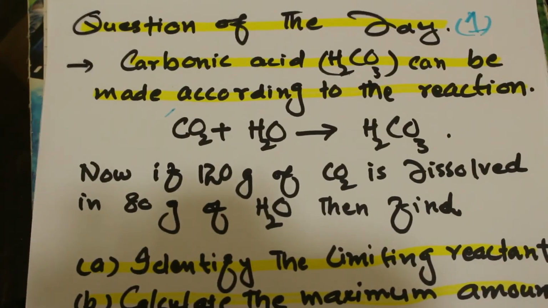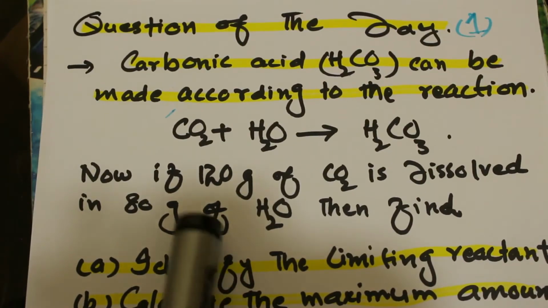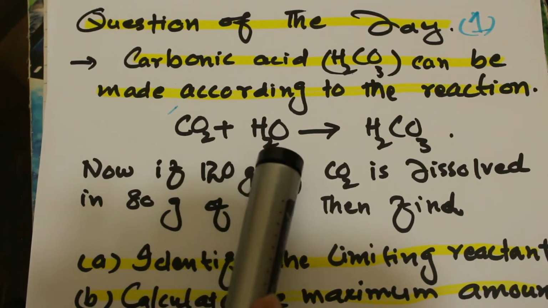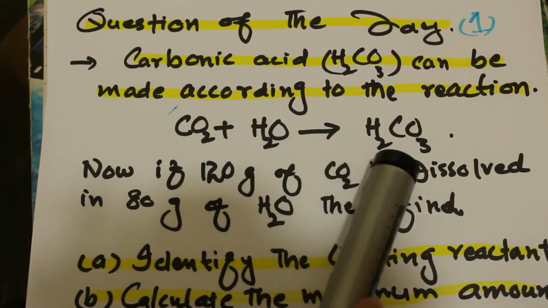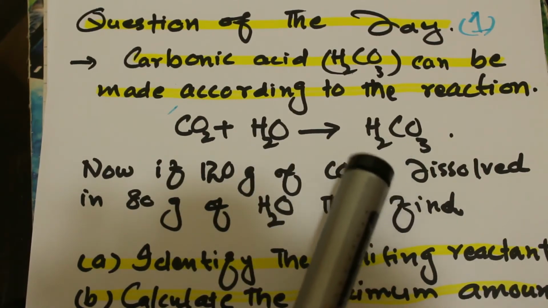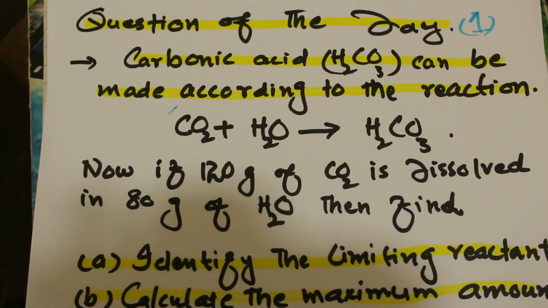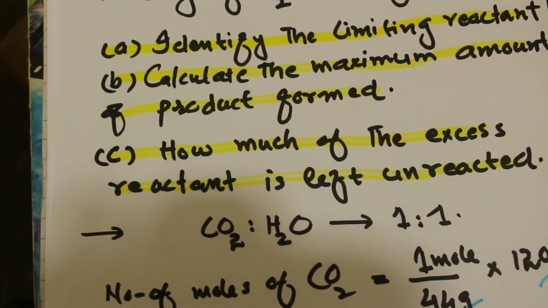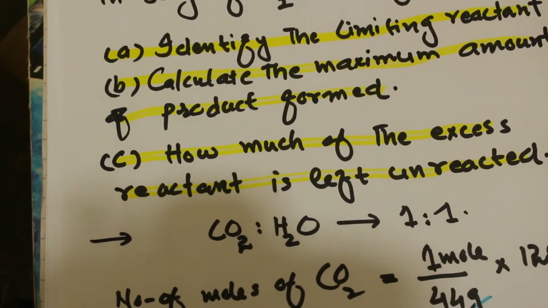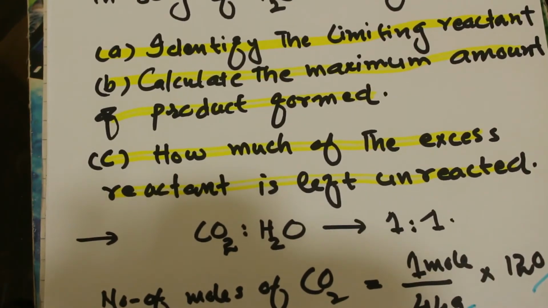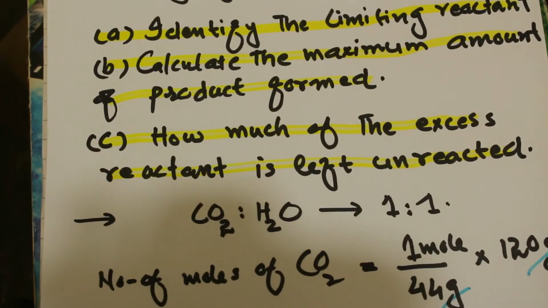Let me show you this reaction again. 1 mole of CO2 reacts with 1 mole of H2O and it produces 1 mole of the carbonic acid. So according to this reaction, 1 mole of CO2 is required to react with 1 mole of the water, or you can say the ratio between the reactants carbon dioxide and water is 1:1.